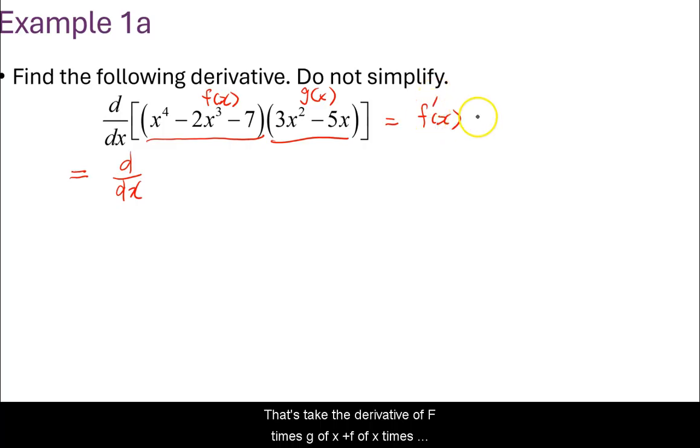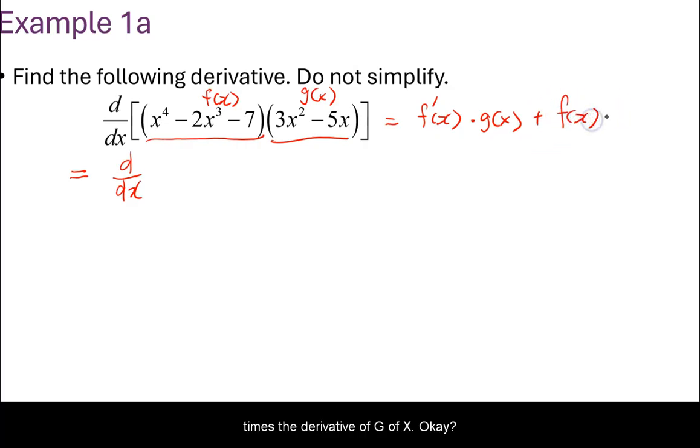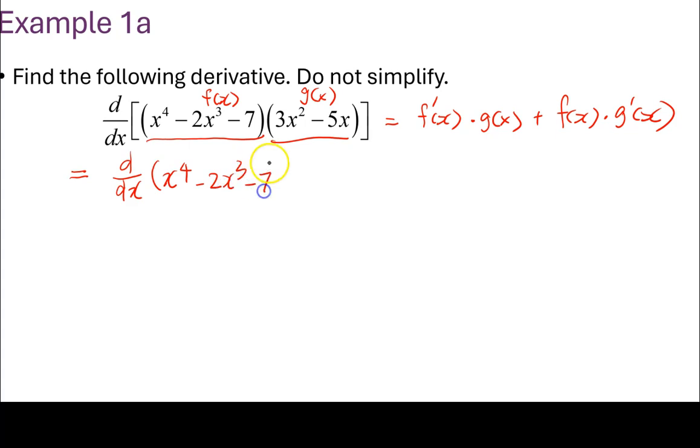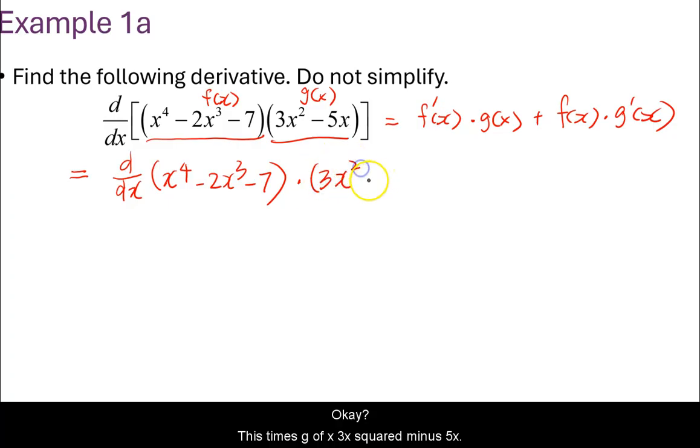Take the derivative of f of x times g of x plus f of x times the derivative of g of x. So the derivative of f of x, that's the derivative of x to the fourth minus 2x cubed minus 7, times g of x, 3x squared minus 5x.